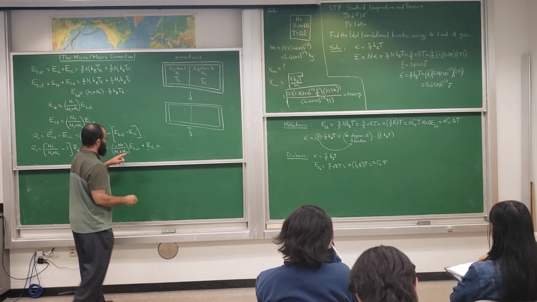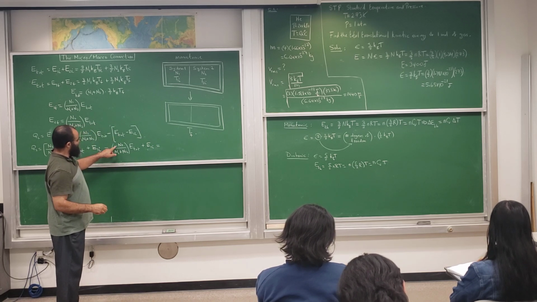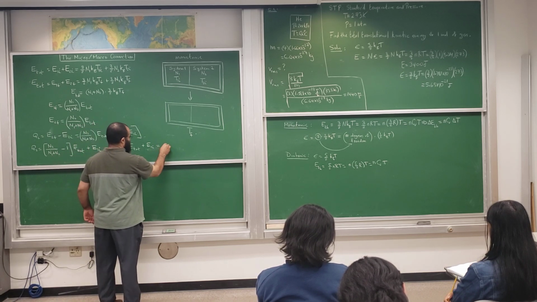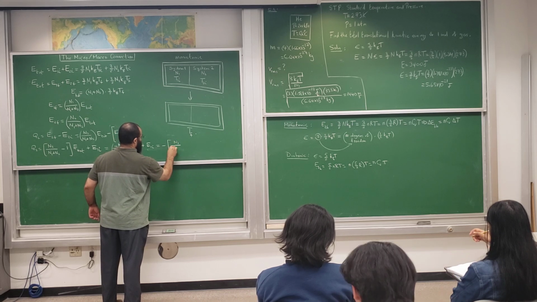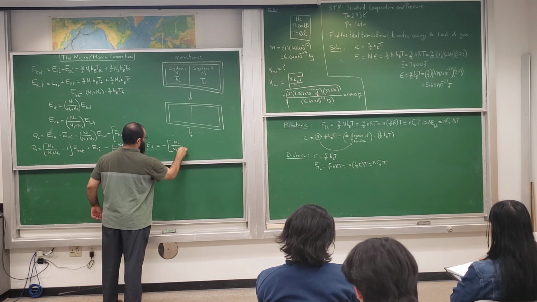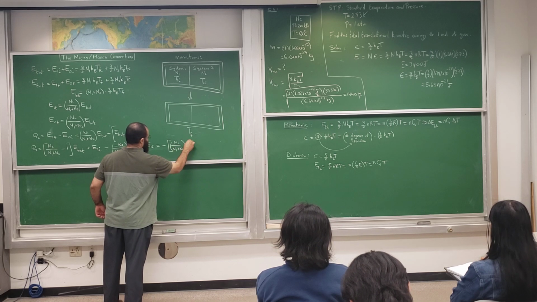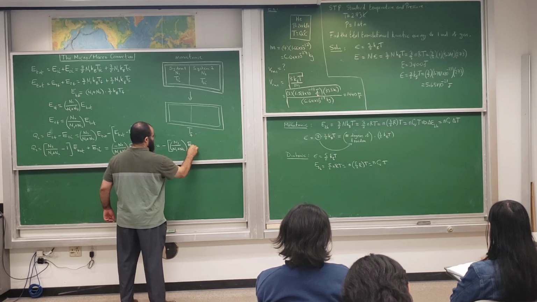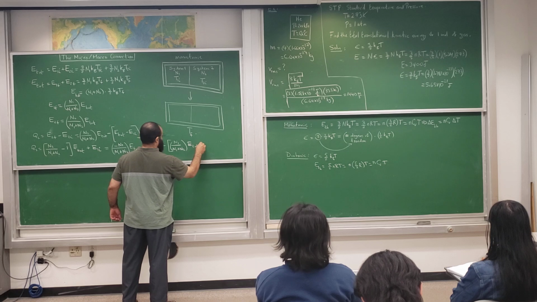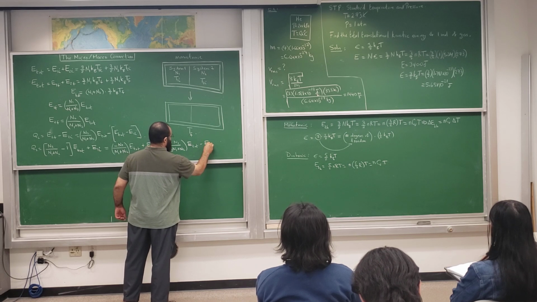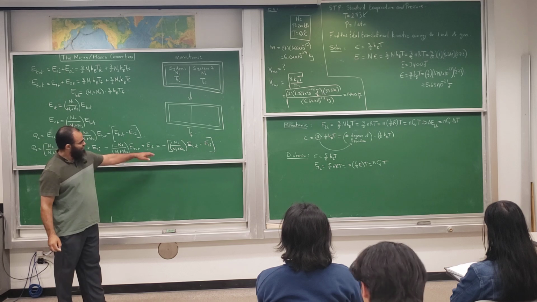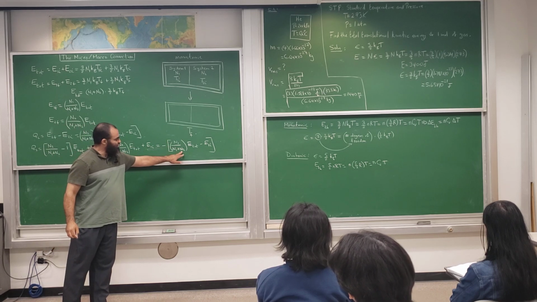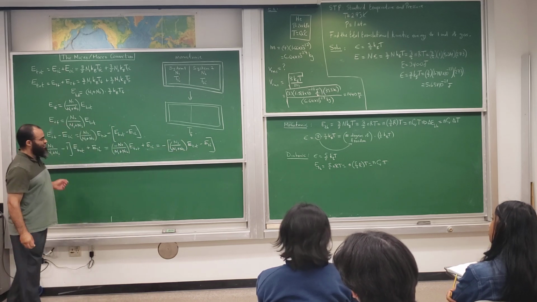So this is equal to, I'm going to factor the minus sign, negative N1 over N1 plus N2 times E total minus E1 initial. Now what is N1 over N1 plus N2 times E total?